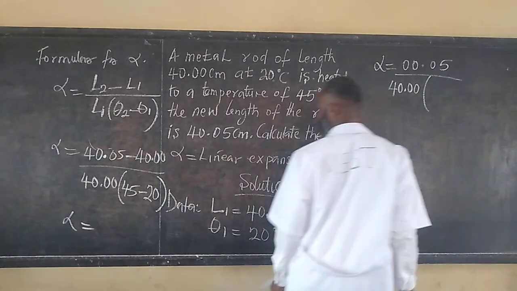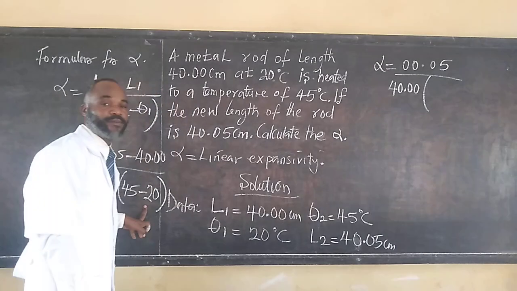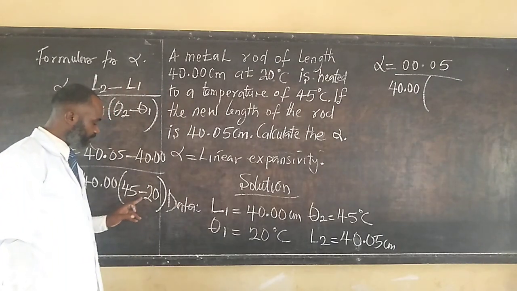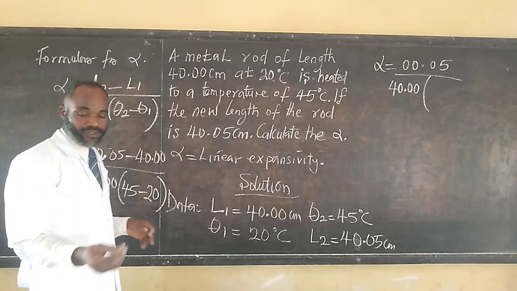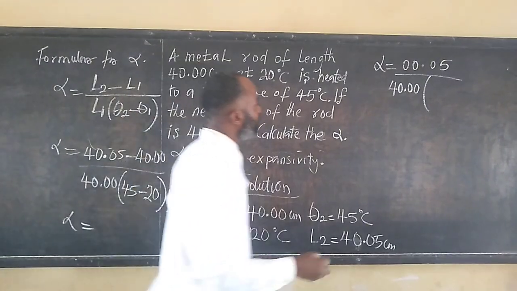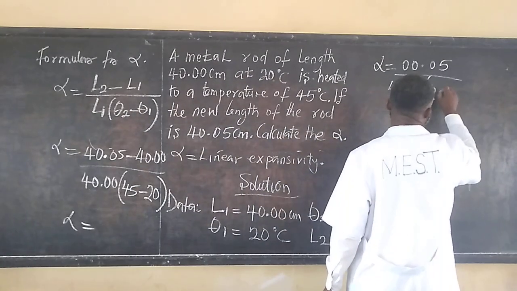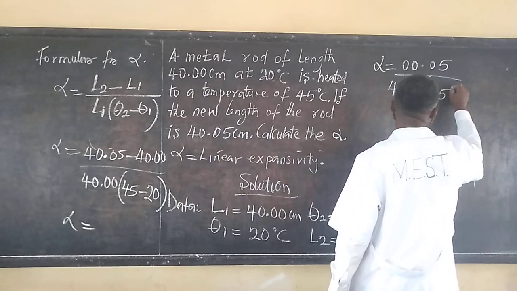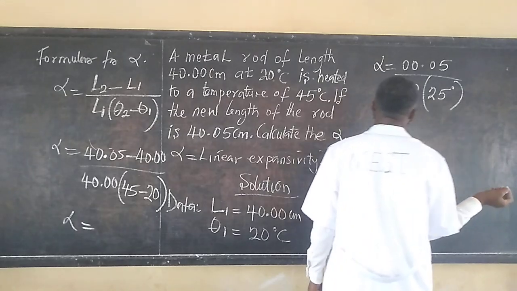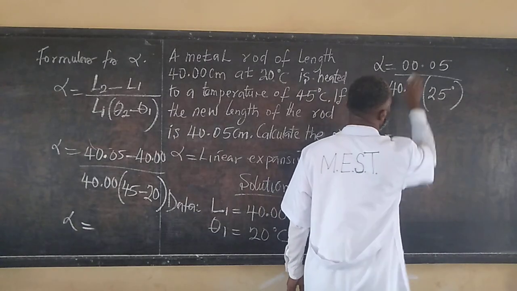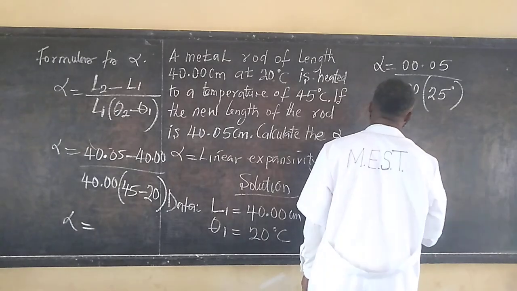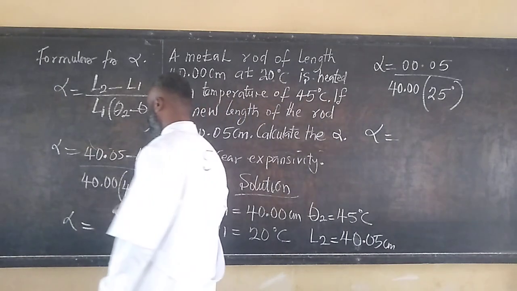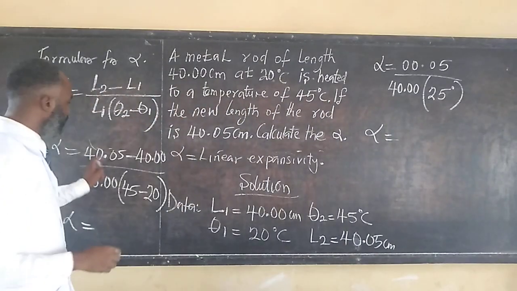Then 45 degrees Celsius minus 20 degrees Celsius is just 25. So we have 25 degrees Celsius here. We simplify further. I hope we're not confused here.